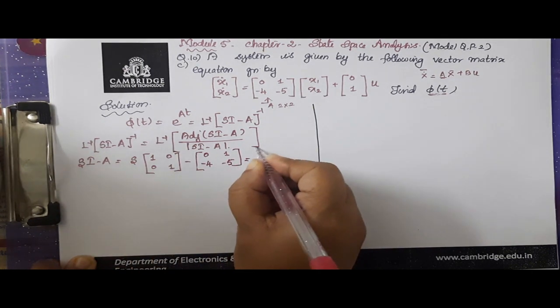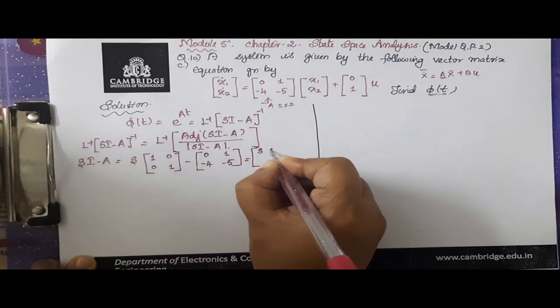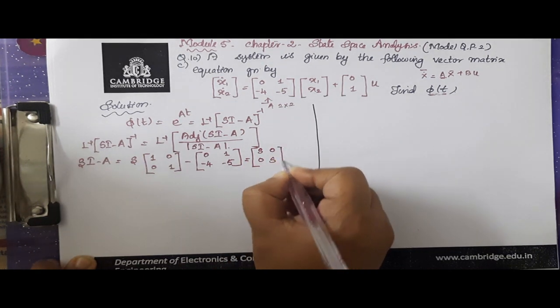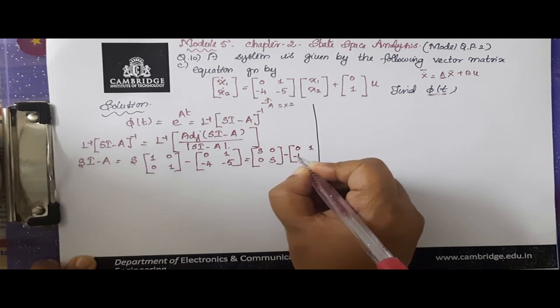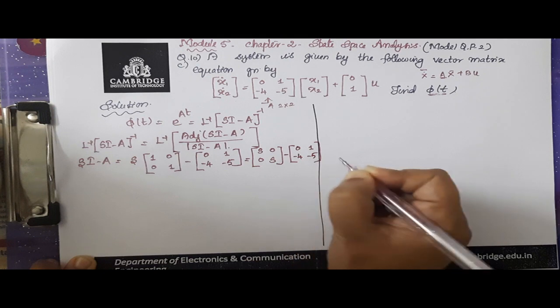So I can simplify this as [s, 0; 0, s] minus [0, 1; minus 4, minus 5].